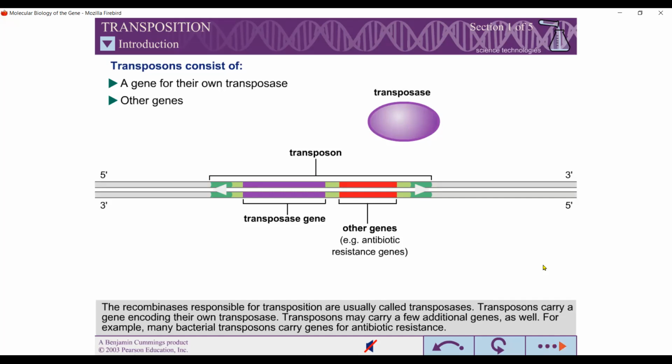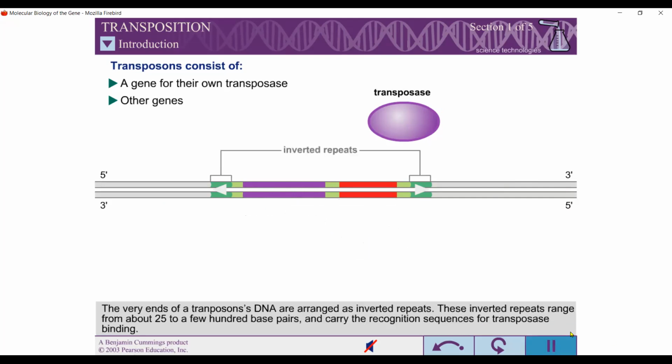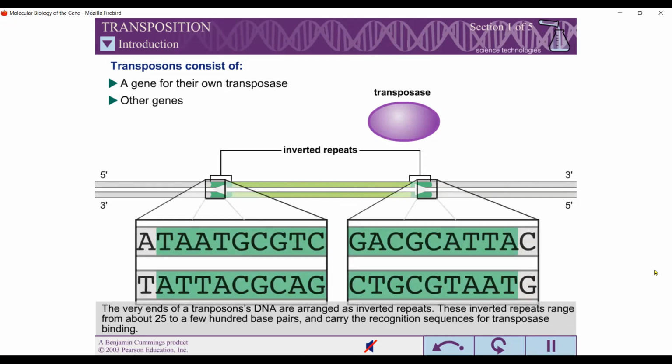For example, many bacterial transposons might carry an antibiotic resistance gene. So when we are talking about a scenario like this, keep in mind that this is an autonomous transposon. That is, it has its own transposase gene, which will give the enzyme transposase for it to move.